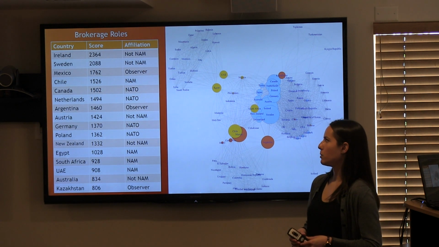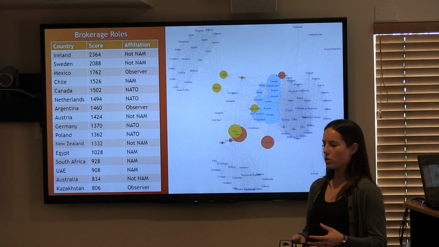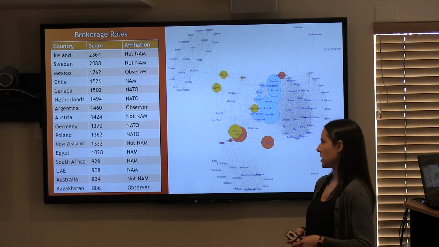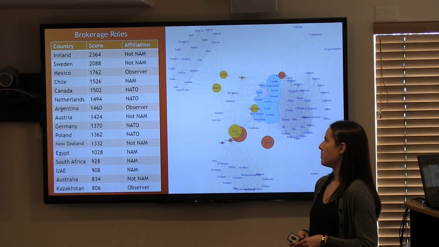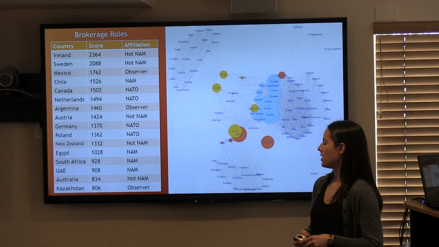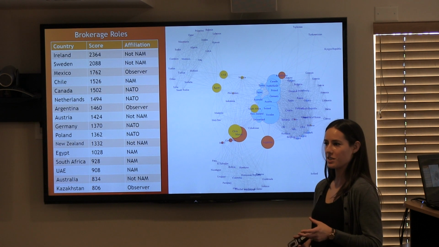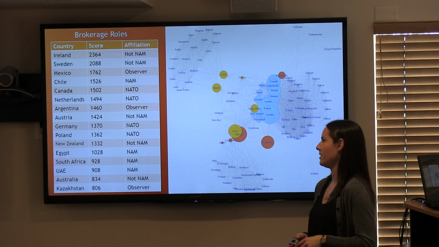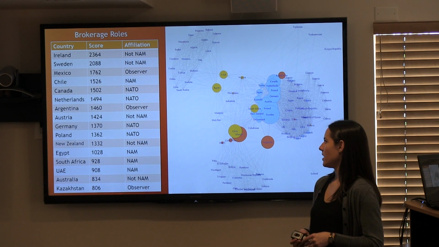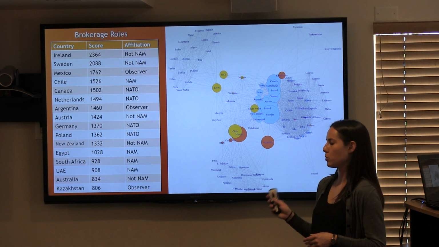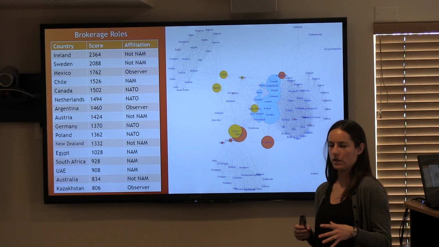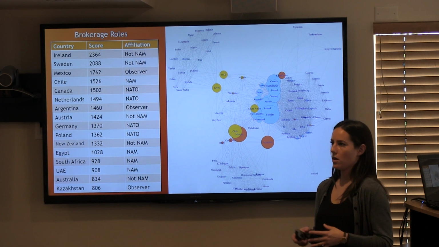But again, we repeatedly see countries from the New Agenda Coalition, which intuitively makes sense as bridge builders, Ireland, Mexico, and such. We also again see those key NATO countries that I mentioned: Germany, Poland, Netherlands. So for brokerage roles and betweenness centralities, there's definitely consistency.